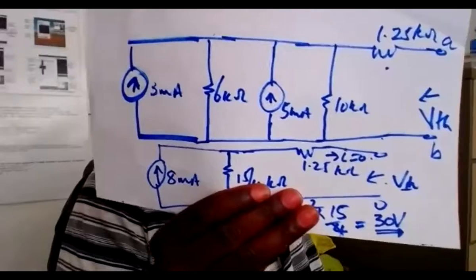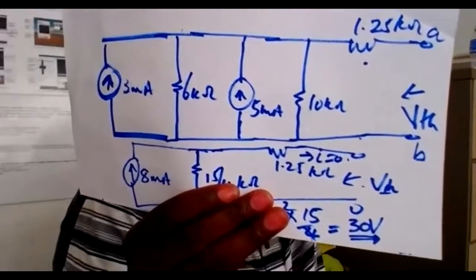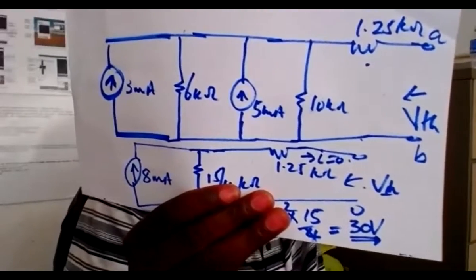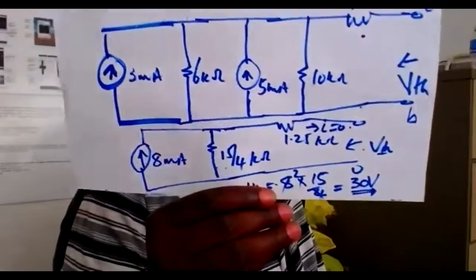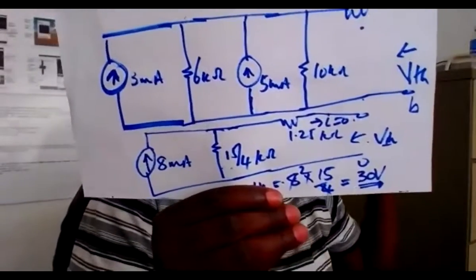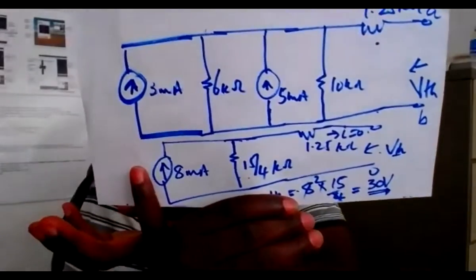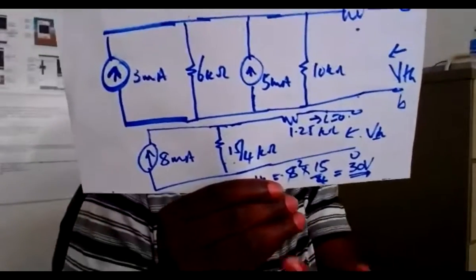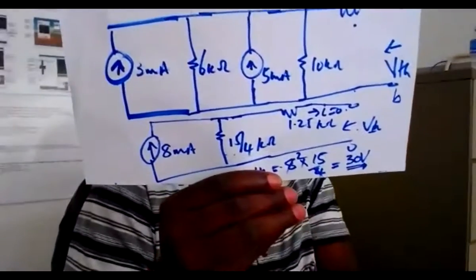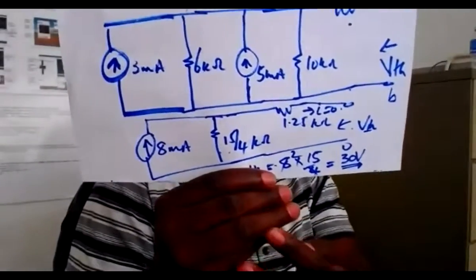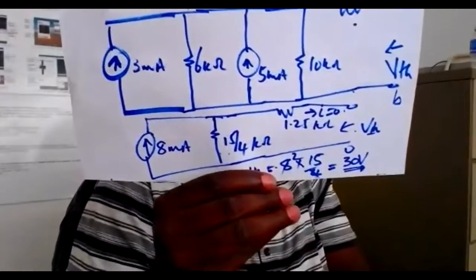I converted them to a current source, which gives me 3 milliamps and 6 kilo ohms in parallel. Then I combine the two current sources facing the same direction. It becomes an 8 milliamp source in parallel with a 15/4 kilo ohm resistor. And then that circuit is in series with 1.25 kilo ohms.